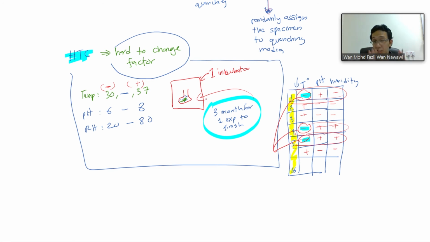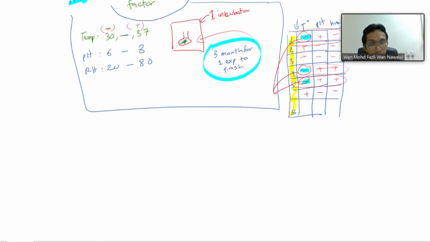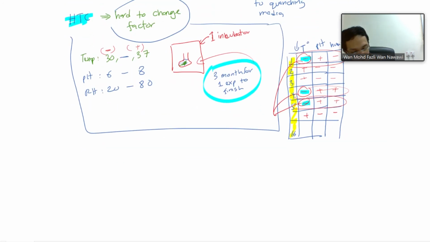You don't do randomization, but here what we call is blocking or split plot. The term is split plot, or another term that people use for this is blocking.